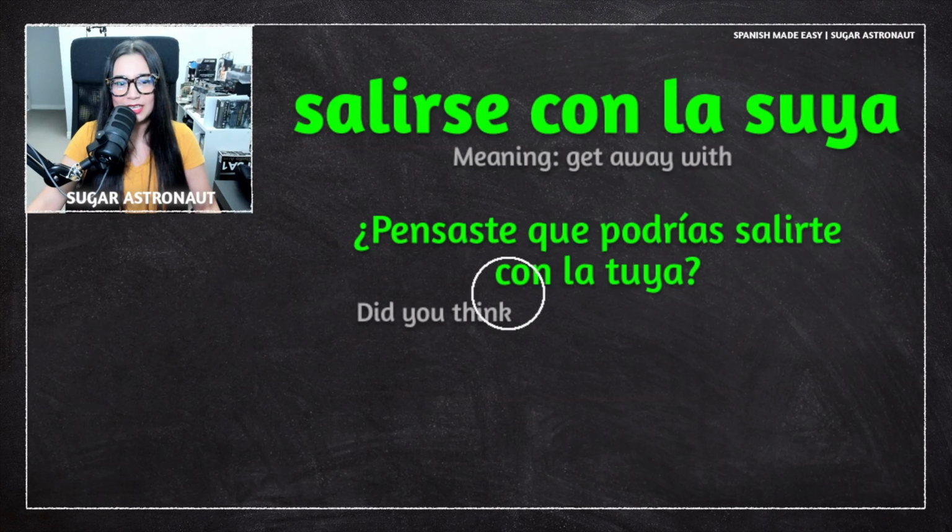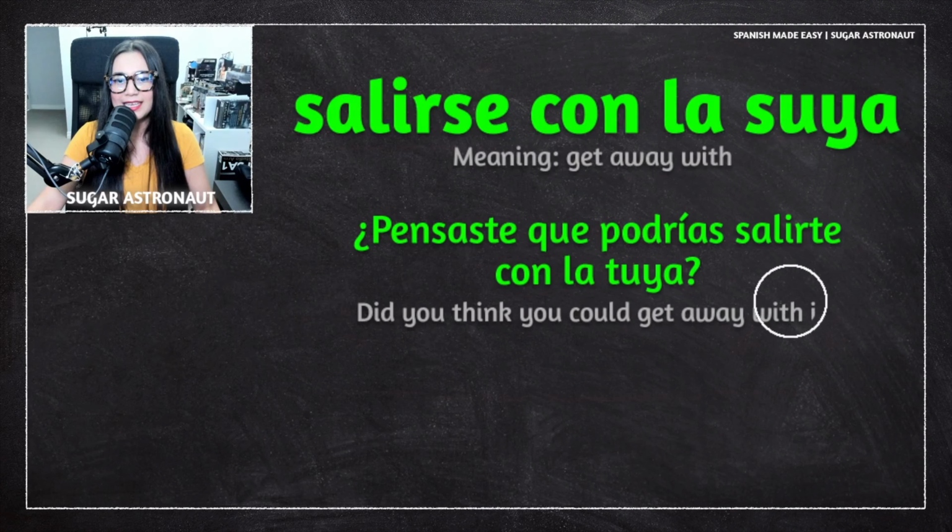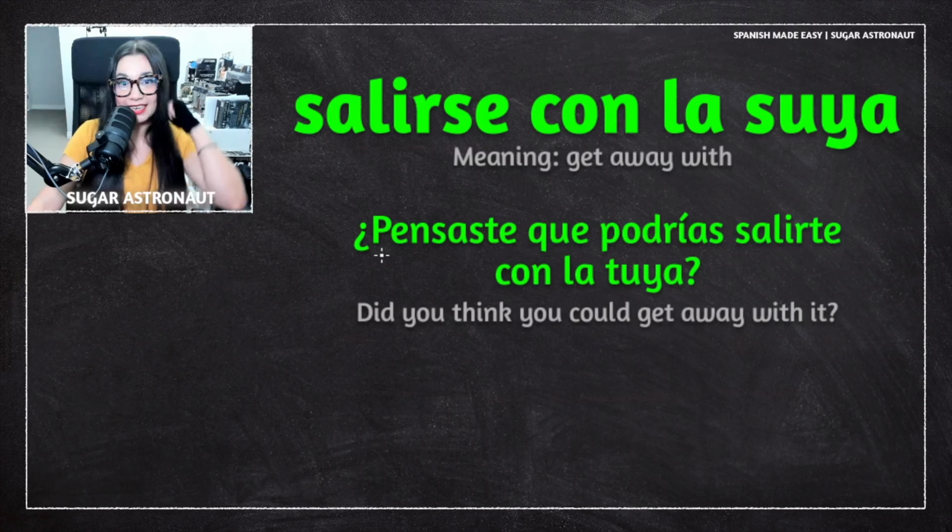It means, did you think you could get away with it? Pretty interesting situation. Maybe you were hiding something, but busted. Maybe that secret is no longer a secret. That could happen for sure.